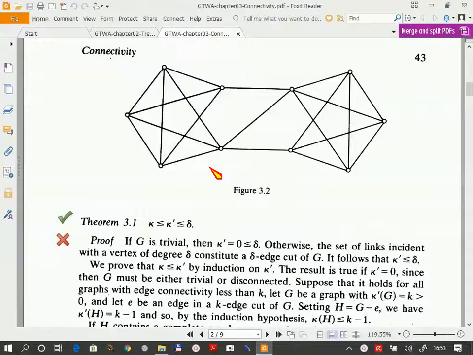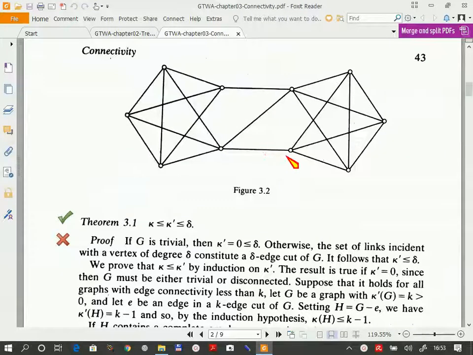Either these two, or these two vertices, or also these two vertices. But what's the minimum number of edges if you want to leave all vertices intact, but you want to delete edges and not vertices? At least 3. These 3.